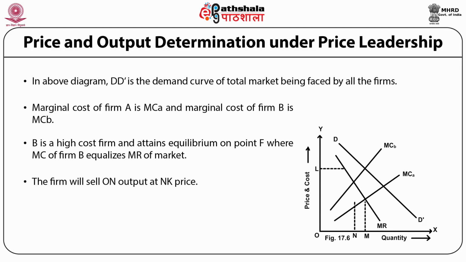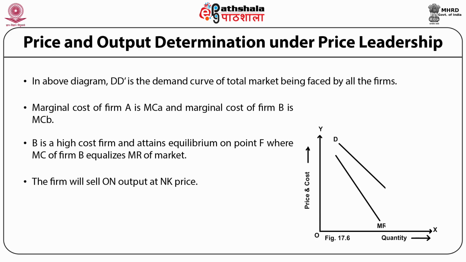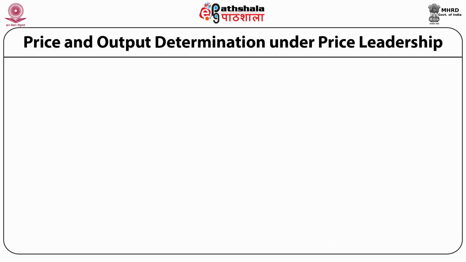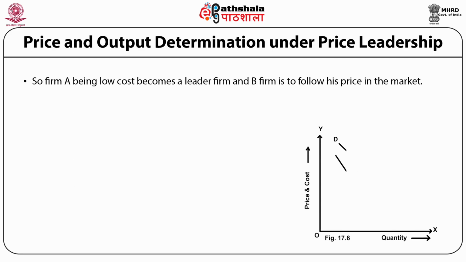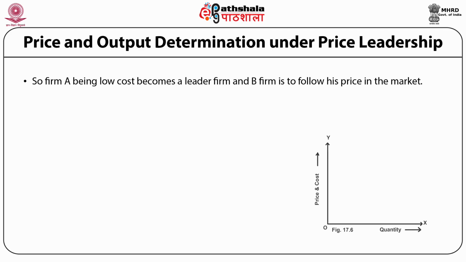Firm A is a low-cost producing firm and attains equilibrium at point E and determines to sell OM output, setting price MP. So, firm A being low-cost becomes the leader firm and firm B is to follow its price in the market. Hence, firm B will be compelled to follow the leader firm A.